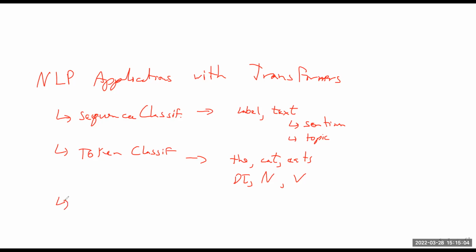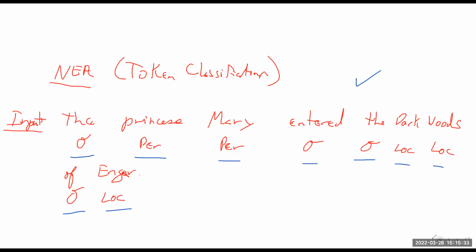Now today I'm throwing at you unsupervised, where we're not going to train it on the fine tuning, but we're going to use the transformer to encode our text. We're going to encode our text and then perform some distance metrics.